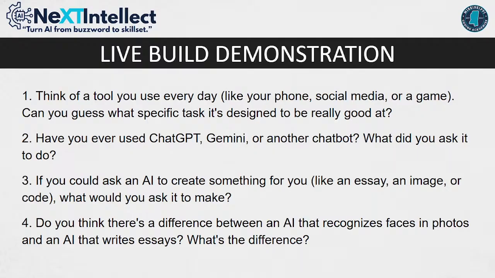So maybe you note social media is good at using AI, being able to suggest people that you might want to be friends with based on your other friends, and also the ads that we see based on people that were around and things that it picks up in hearing. Maybe the game is good at adapting its difficulty to keep you engaged, not too hard or not too easy.